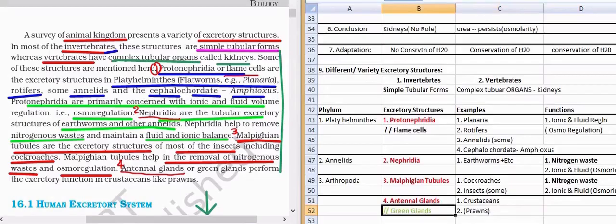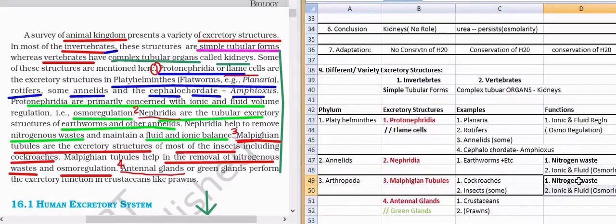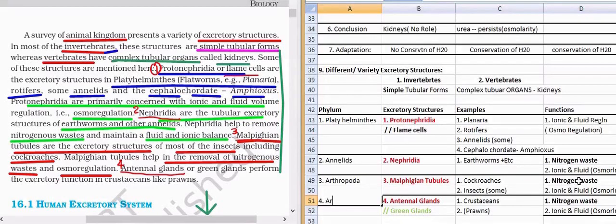He didn't mention the function, but they perform the excretory function in crustaceans like prawns. So the same function will apply. The fourth is also the same, Arthropoda.